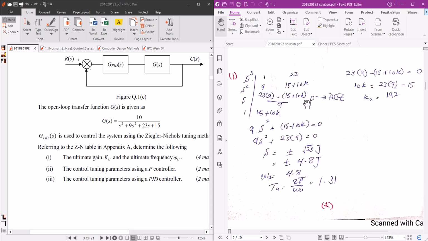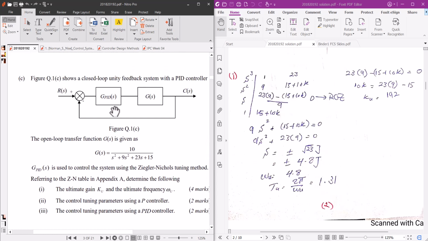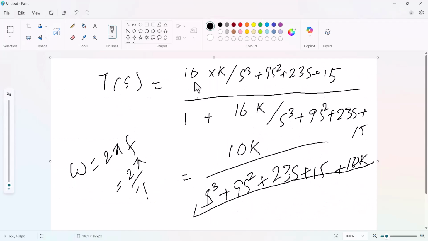Okay, so how did we get it? First of all, we started with the proportional controller only. We set GPID to K, and then we got the closed loop transfer function T of s like this, and then we picked its denominator. Then we made its Routh-Hurwitz table.